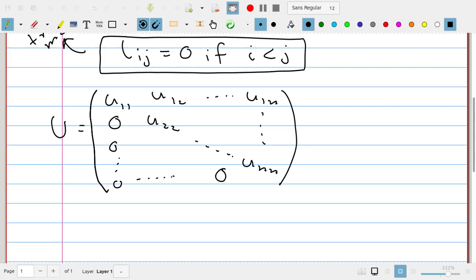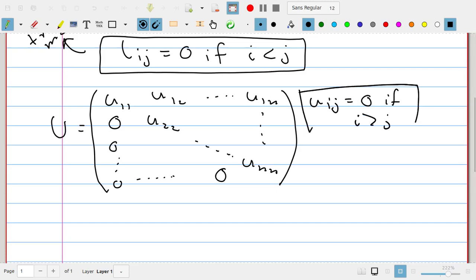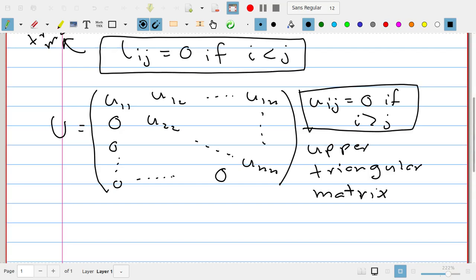So the precise way of defining it is Uij equals 0 if i is greater than j. This is how you define an upper triangular matrix. Okay, so you have lower triangular matrices and upper triangular matrices.